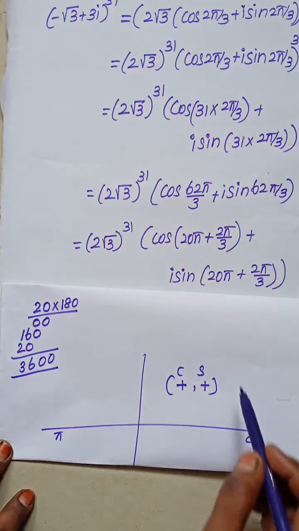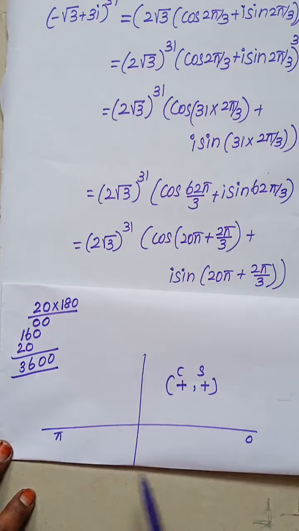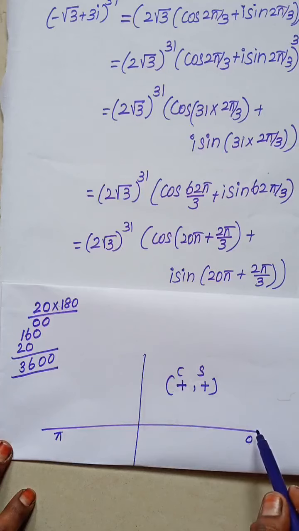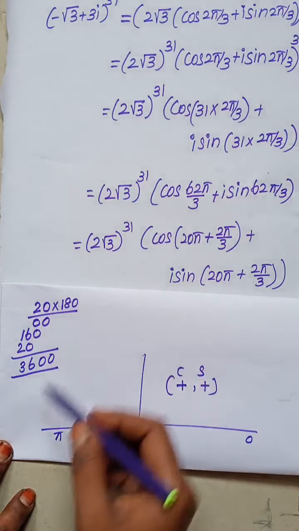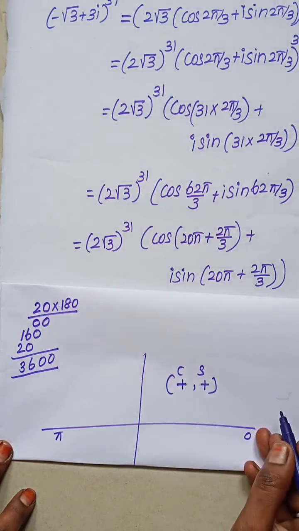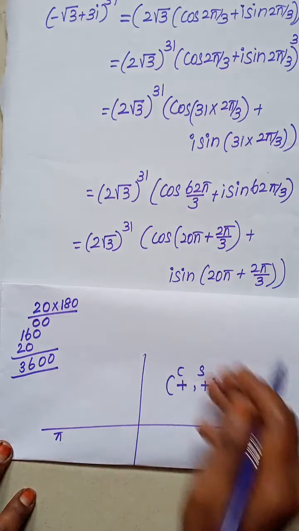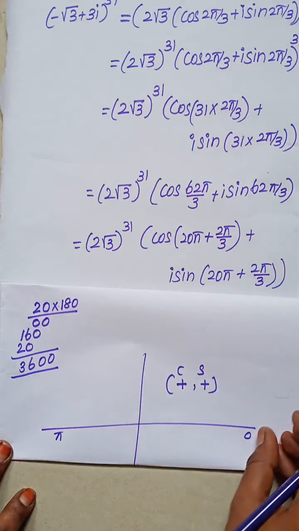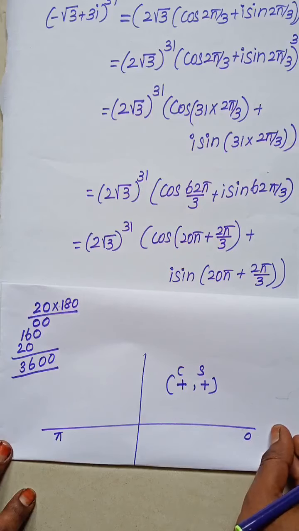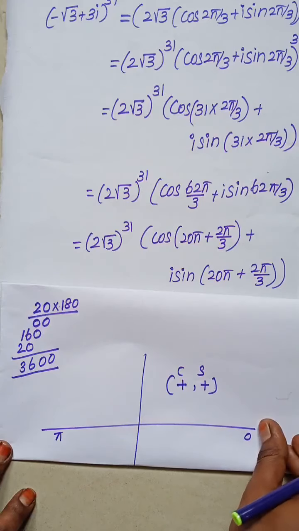Now, from the Argand diagram, one round is 360 degrees. Similarly, 10 rounds is 3600 degrees. Do you understand? 10 times around the Argand diagram, we get 3600 degrees plus theta.